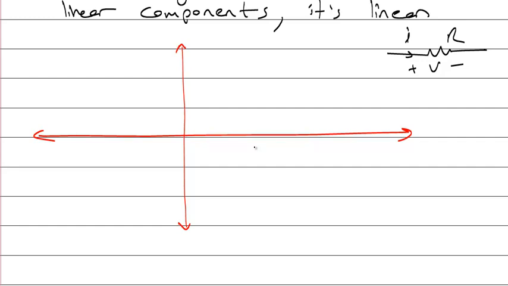If you draw the component characteristic graphic, you will draw something like that. So it's a line. It means the resistor is a linear component.